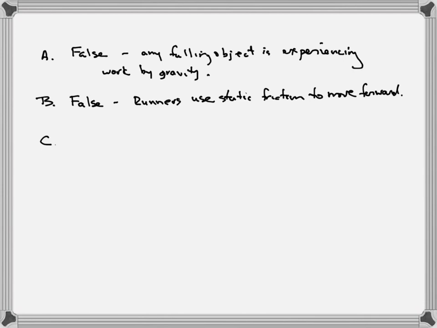And then the last one is, if a particle moves along a circular path, there is no work being done on it. That one seems quite reasonable, but that one is also false. The idea with the circular path is that you've got a particle moving like this, and a rope holding it in.